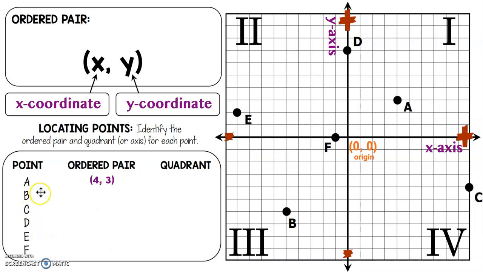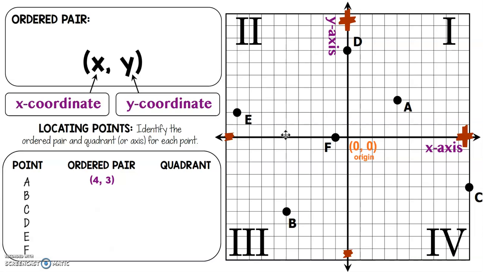All right, let's get the ordered pair for B. B is down here. I'm going to count from my origin. I need the x coordinate. So I'm going to go 1, 2, 3, 4, 5 on the x-axis until I'm lined up with B. But I was going on the negative side of the x-axis. So when I count that 1, 2, 3, 4, 5, that means that 5 is negative.